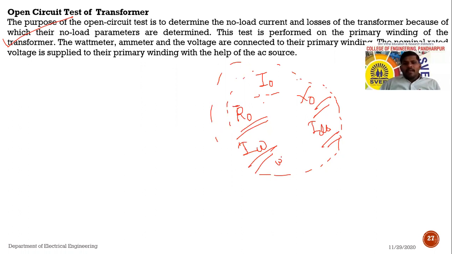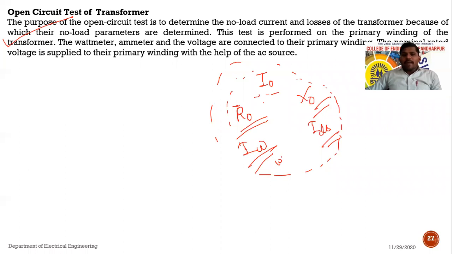Now see, this test is performed on the primary winding of the transformer. That means the secondary side is open circuited, right? The secondary of the transformer is open circuited, and we are providing supply to the primary side and conducting this test, the OC test. For conducting the OC test we require one voltmeter, one ammeter, and one wattmeter.